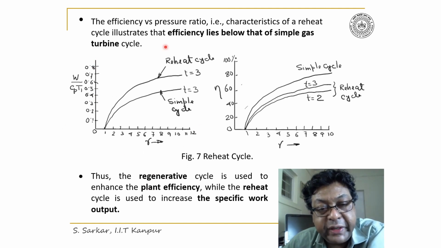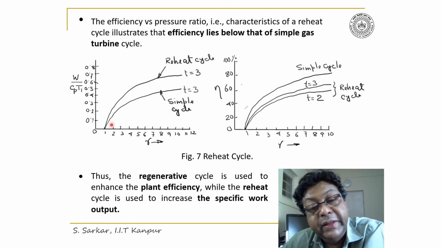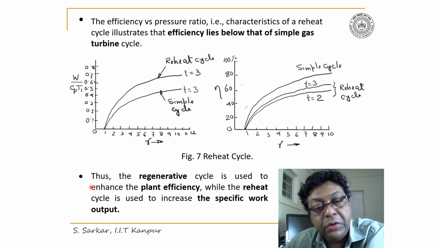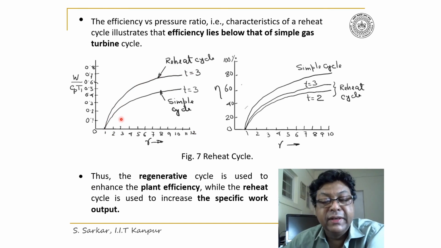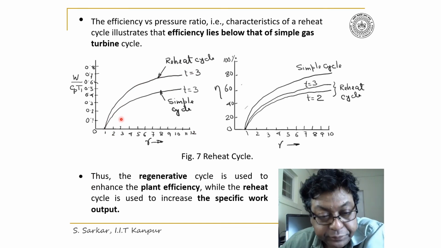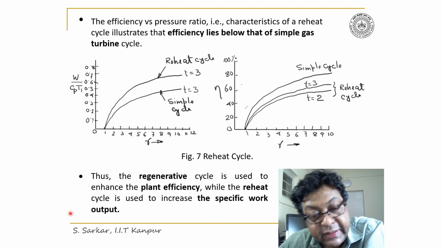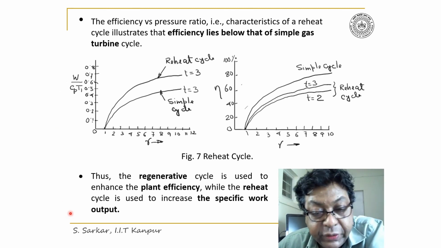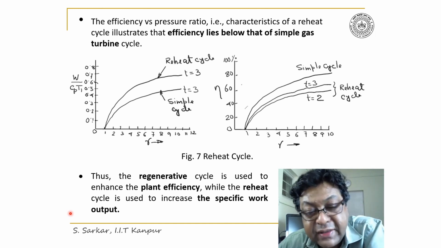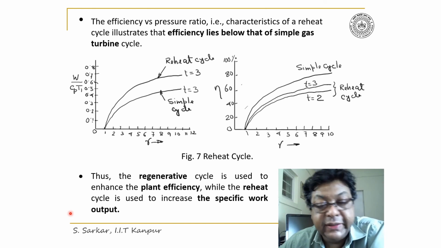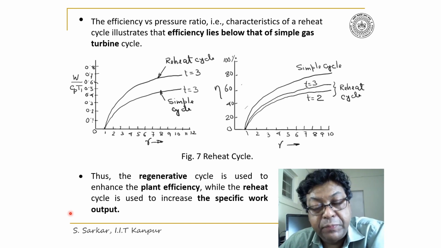And from this figure it has been realized that the reheat cycle's specific work output is more than the simple gas turbine cycle. Hence, I have concluded that the regenerative cycle is used to enhance the plant efficiency, while the reheat cycle is used to increase the specific work output.